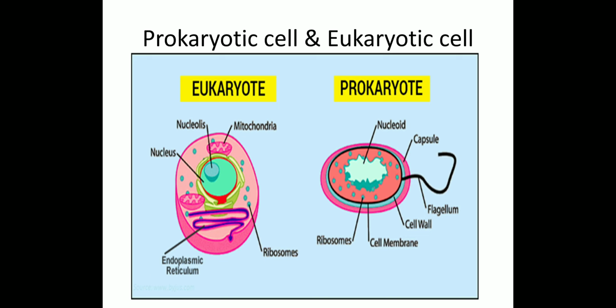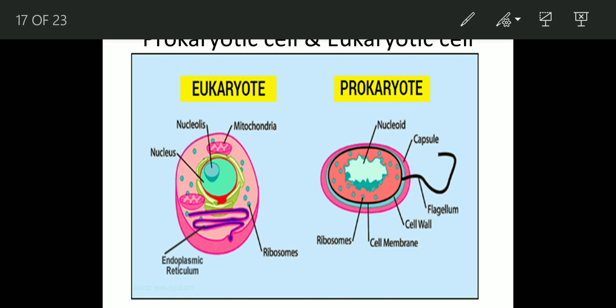On the basis of the availability of a nuclear membrane or nucleus, cells are also classified as prokaryotic and eukaryotic, as we observed in the classification of organisms. Prokaryotes do not have any nucleus or nuclear membrane.